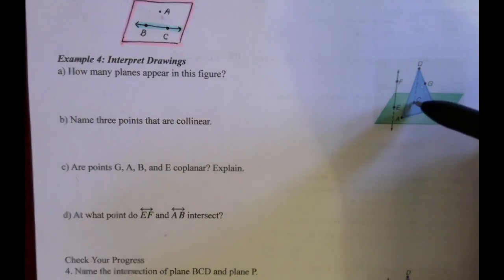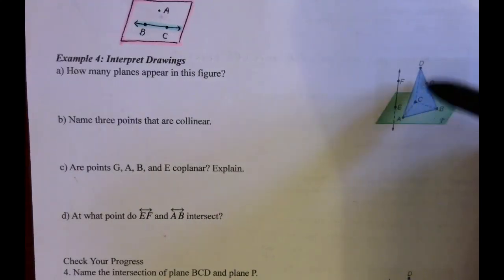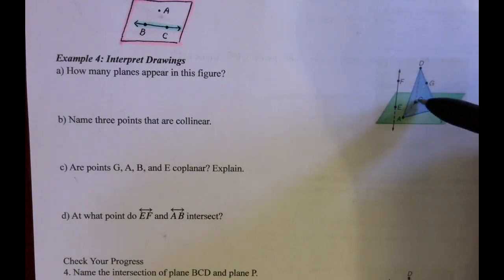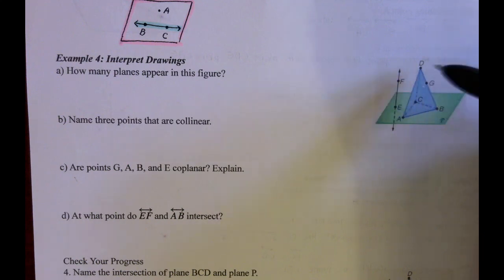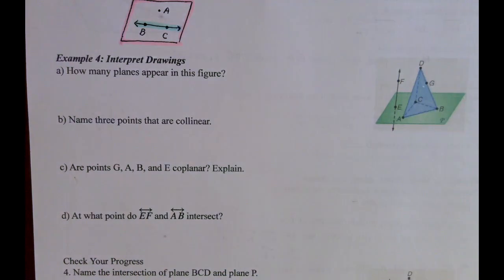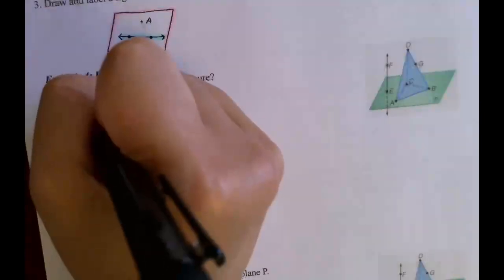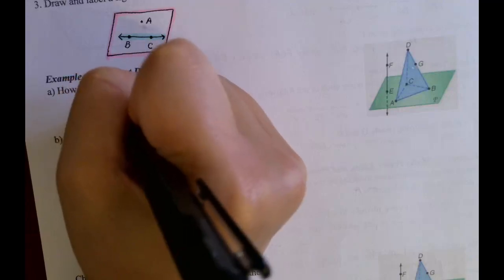This here is the second. This surface here is the third. And this one here facing us is the fourth. So how many planes appear in this figure? 4 planes appear in this figure.